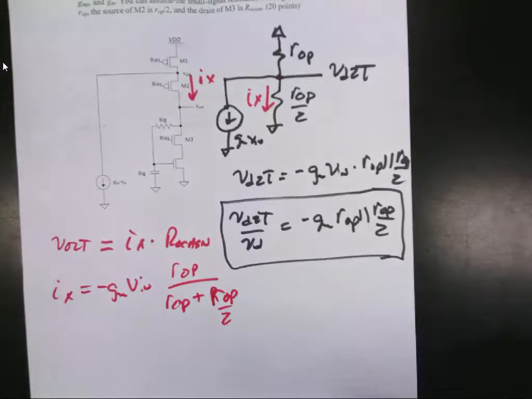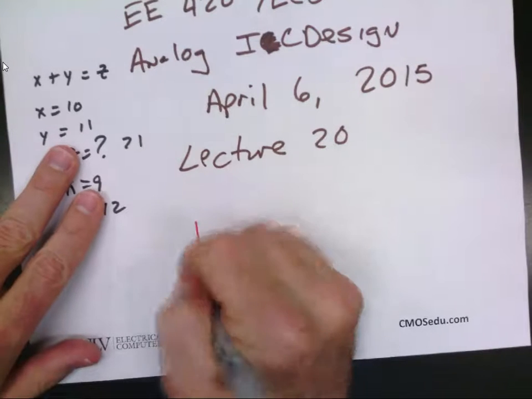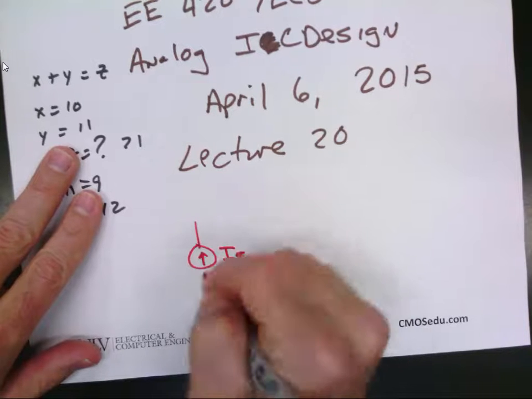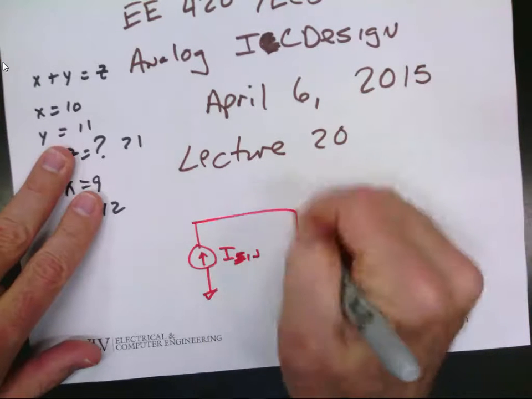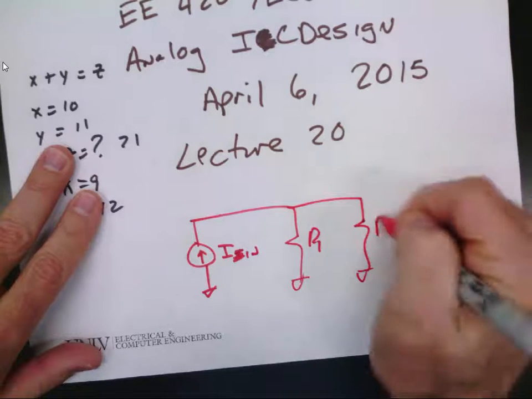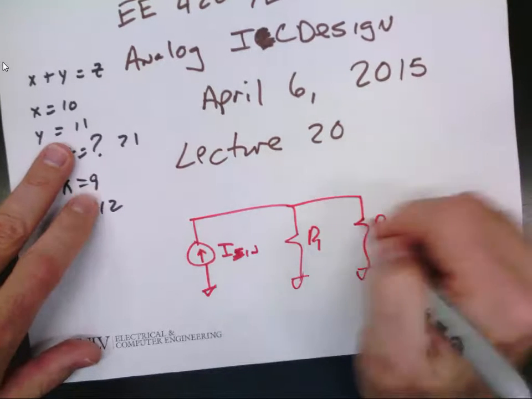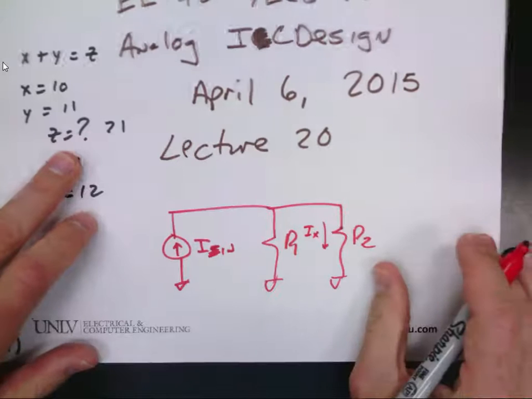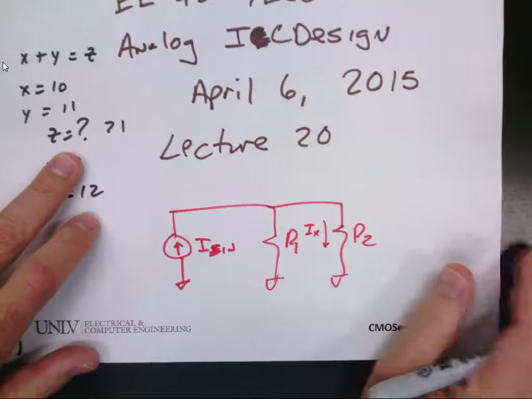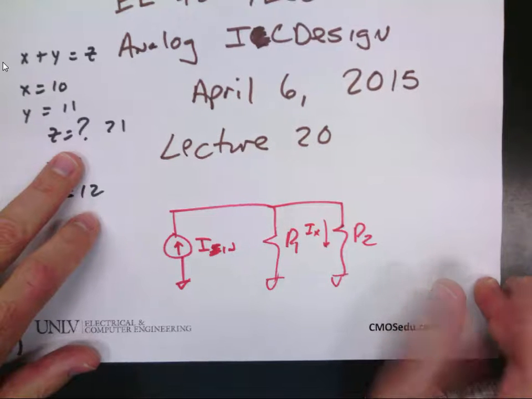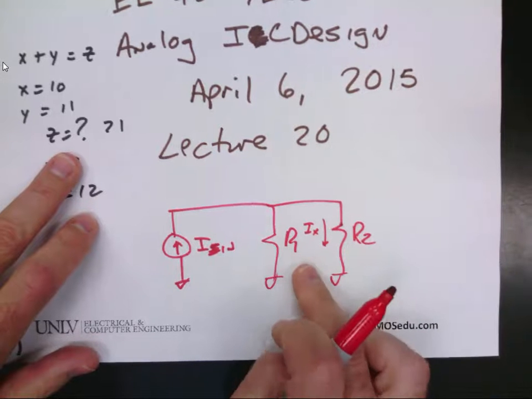So let me pause and go back here. Call this IX. Let's call it I. Let's call it IN. And I want you to show me how to calculate the current that flows through there, IX. Okay, so what's the answer?